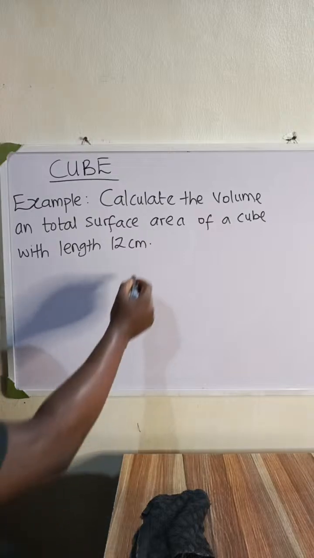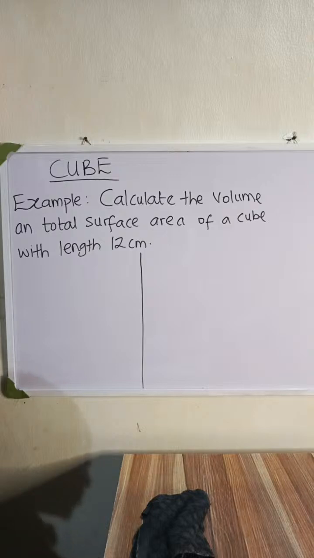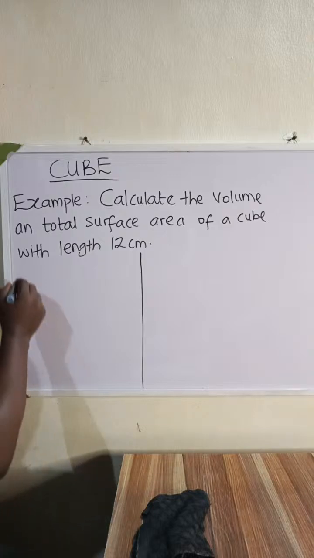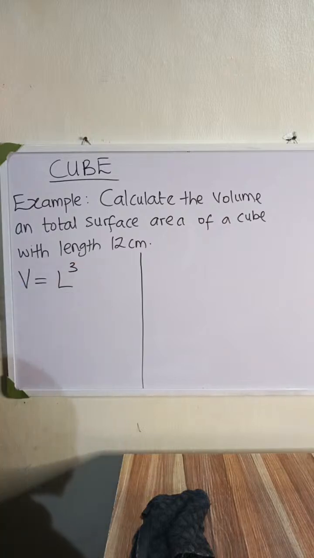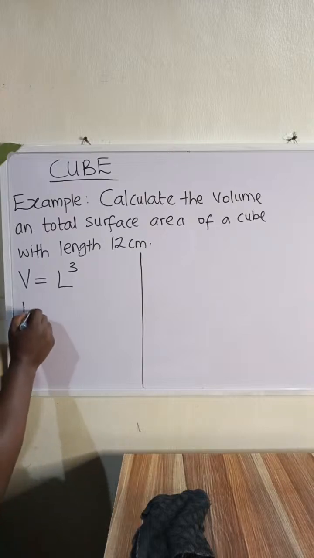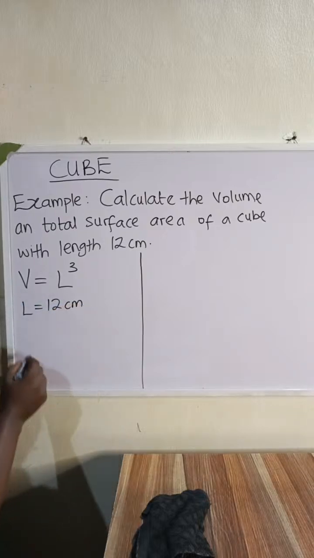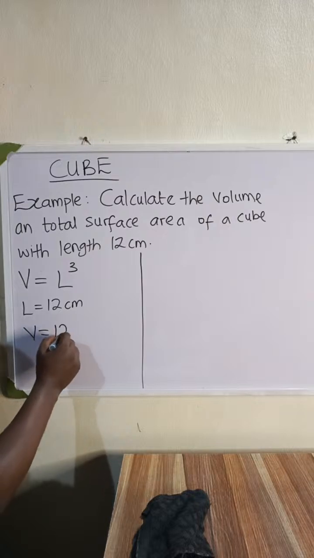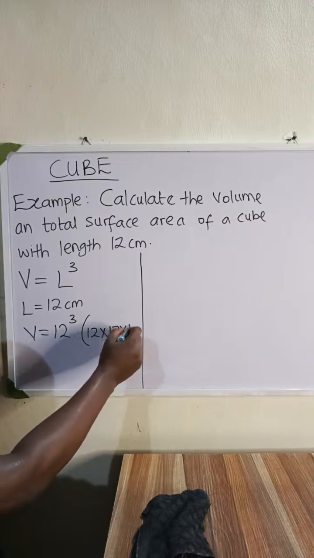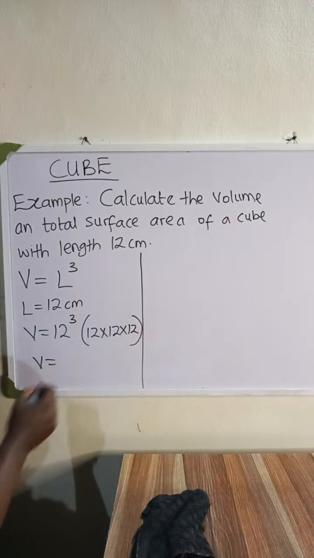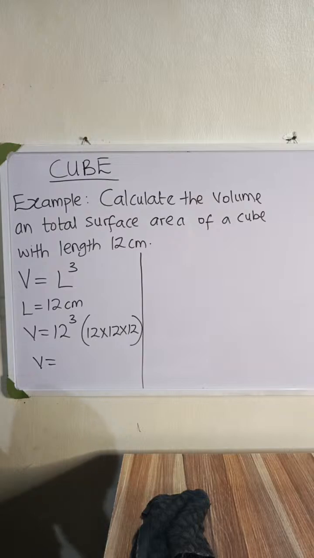So let's focus on the volume first. The volume of a cube, as we have already said, is length to the power of 3. And we know that the length is equal to 12 centimeters. So volume is equal to 12 to the power of 3, which is the same thing as 12 times 12 times 12. Somebody should do that and give us the answer. 12 times 12 times 12.